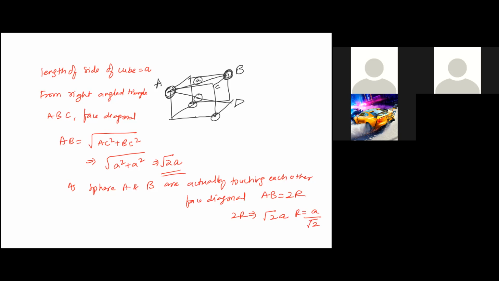Again, AD is equal to root over AB square plus BD square, which is root over (root 2 a) square plus a square, which is root 3 a. Yeah, so we have root 3 a.